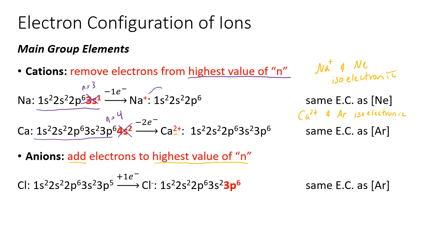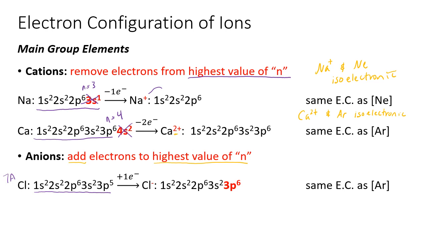So if we imagine chlorine becoming the chloride anion, we could write the electron configuration for chlorine, and that would be 1s2, 2s2, 2p6, 3s2, 3p5, so it's a halogen. And chlorine is in group 7A, and in group 7A we know that those halogens form a -1 charge.